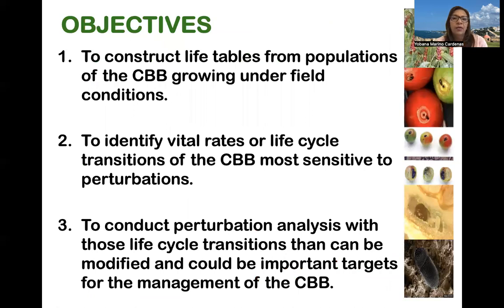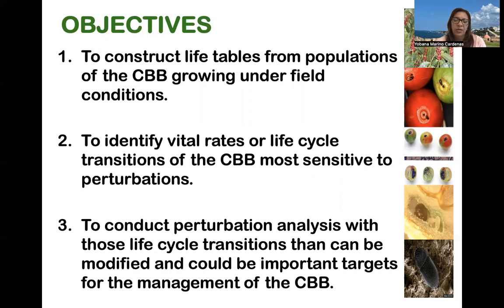Our objectives were to construct life tables from populations of the CBB growing under field conditions, identify life cycle transitions of the coffee berry borer with higher values of sensitivity, and finally, to conduct a perturbation analysis. The objective of the perturbation analysis is to find the point at which the value of population growth rate is less than 1.